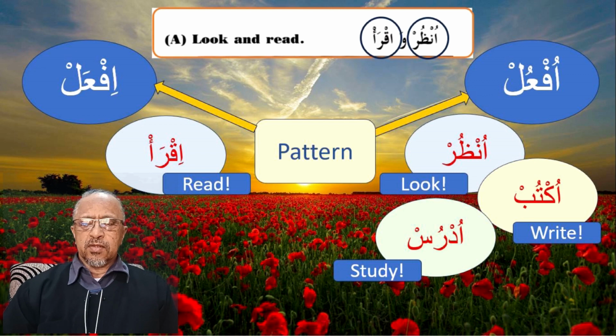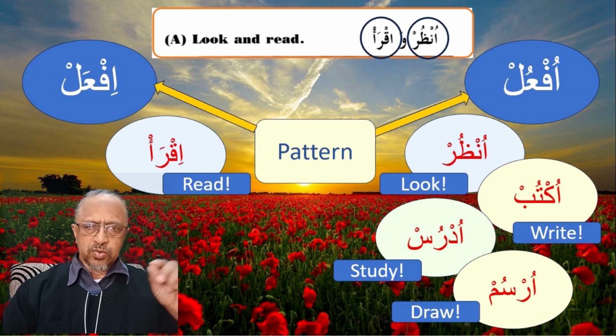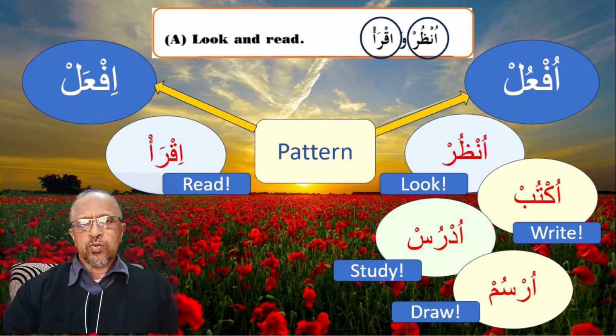And then finally here we have Ursum. Ursum means draw something or illustrate something. So we can say Ursum al-harf, draw the letter, or Ursum al-surah, draw the picture or illustration, and so on.